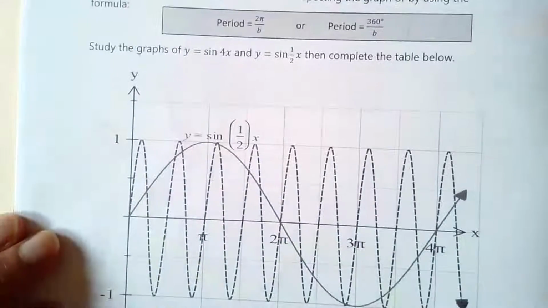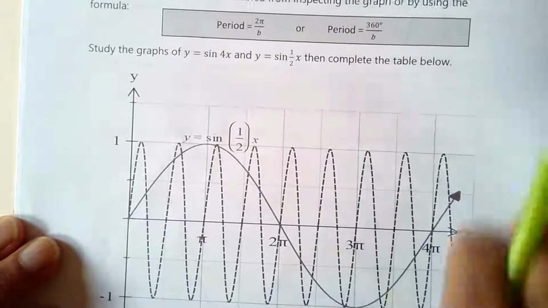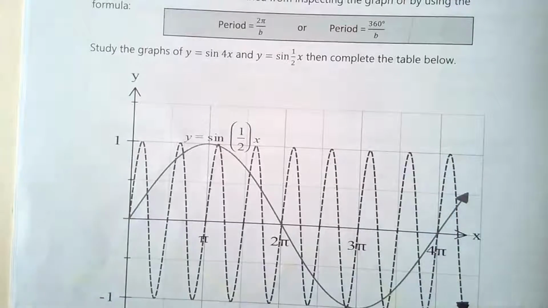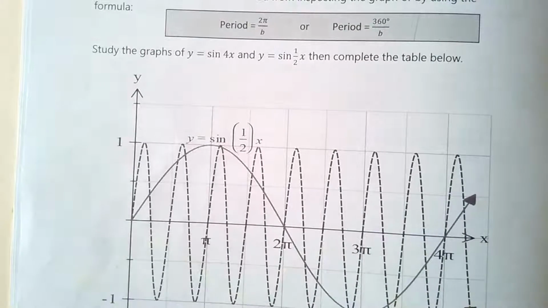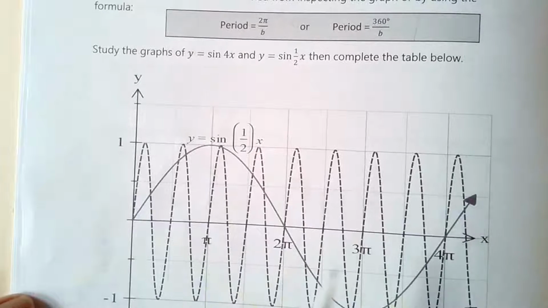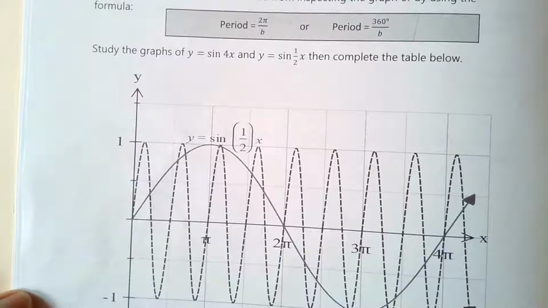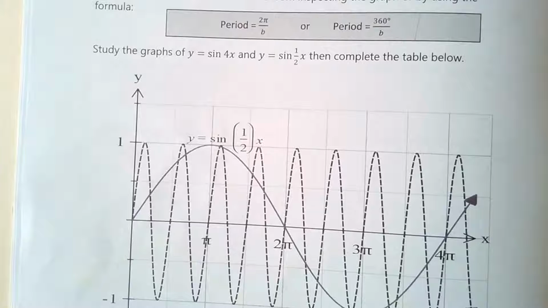Now the period of the sinusoidal function is the length of one cycle. So it's the length of the interval of a domain over which a graph repeats itself. So we look at where the graph repeats itself.